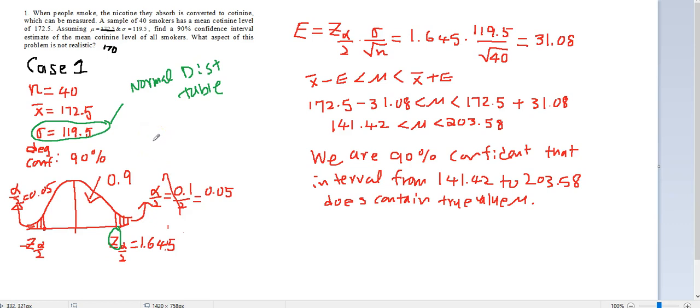So just make sure that you recognize which case you are trying to estimate, and according to that, you're going to have to use a different table. Then, according to the table, you will get the critical value, and then you will have to find the margin of error from there. Remember, this is just case 1, and make sure that you use the correct table there.